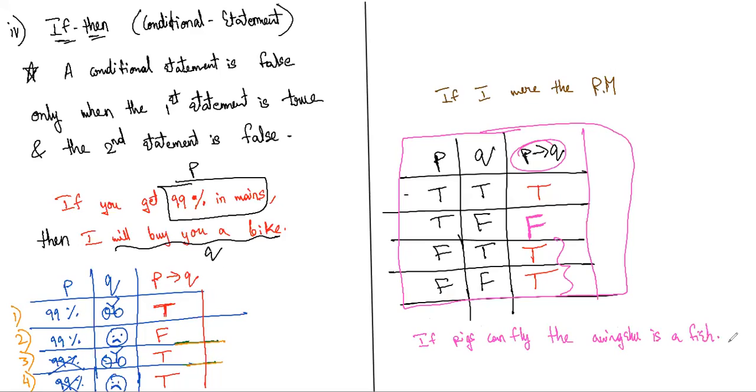Is this a true statement, Avingshu? If pigs can fly, then Avingshu is a fish. This is true. Are you feeling bad? No, sir. Means yes, it's true. It's a true statement. So, Avingshu is a fish.